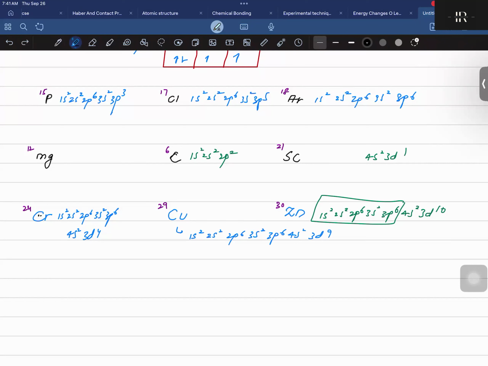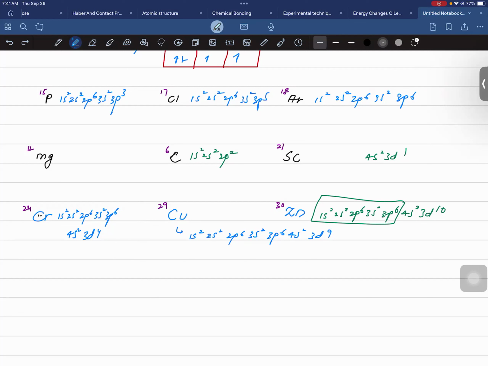Okay, it's very easy, it's very simple, right? And then I would be discussing some exceptional cases later on. We have some exceptional cases, like different conditions for the stability of orbitals.